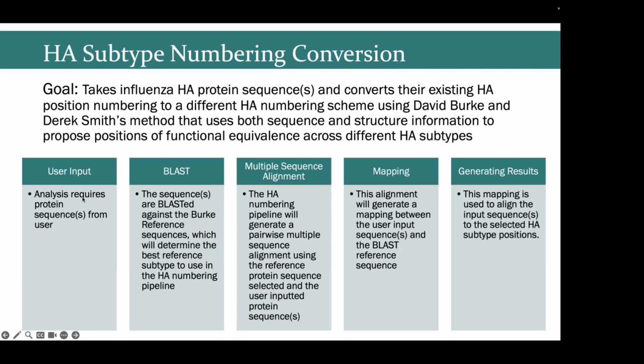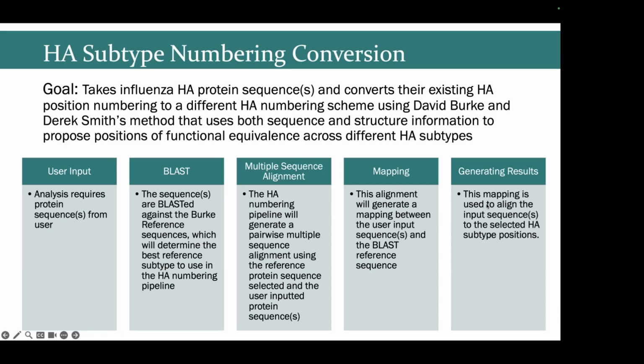So you can input protein sequences, then the sequences are blasted against the Burke reference sequences that will determine the best reference subtype using the HA numbering pipeline. Then we'll generate a pairwise multiple sequence alignment using the reference protein sequence.